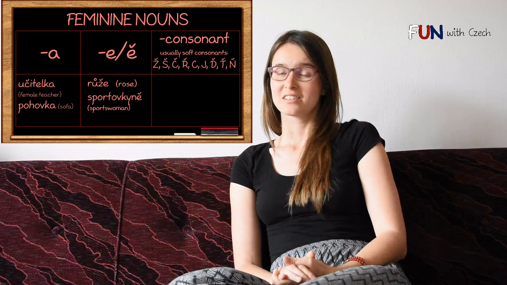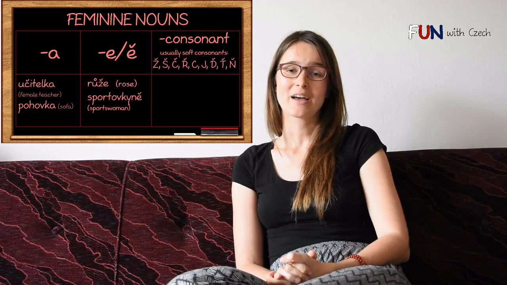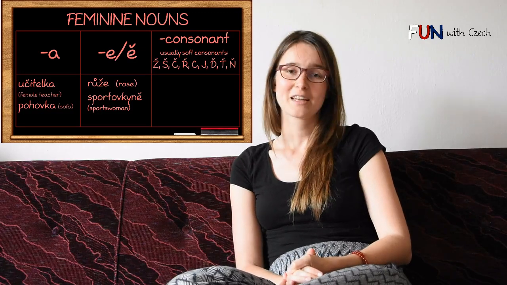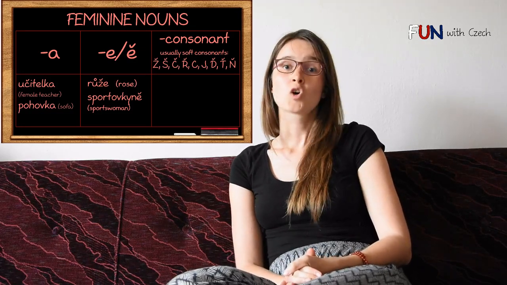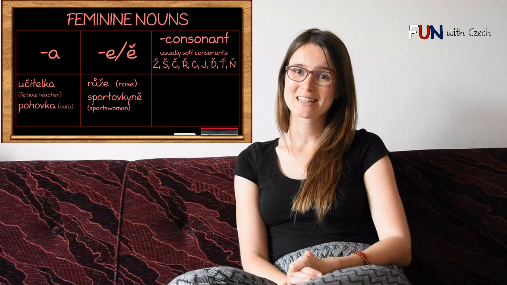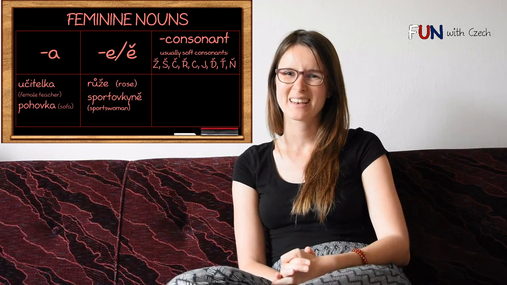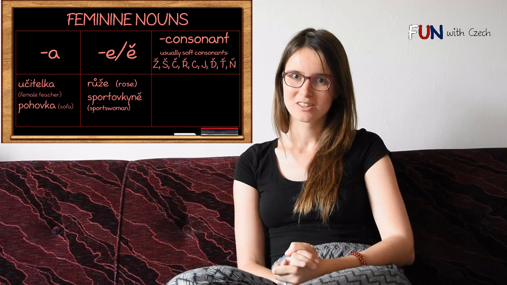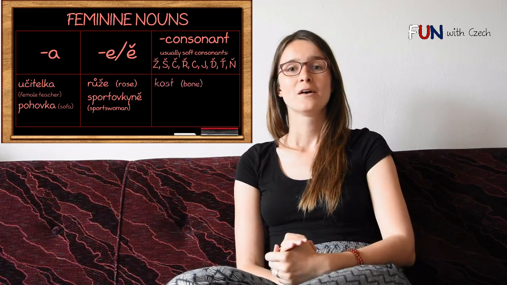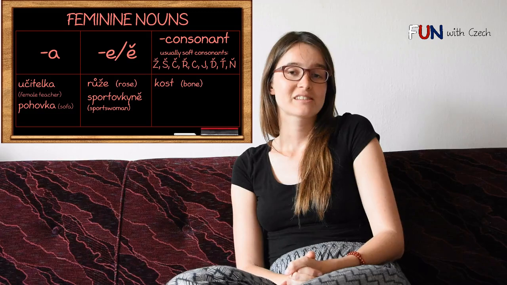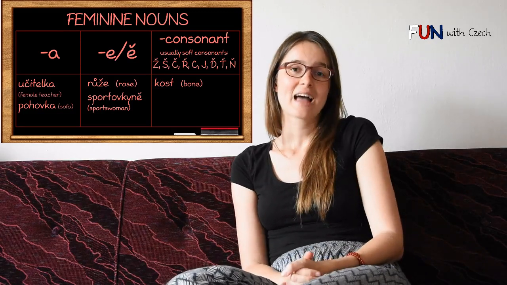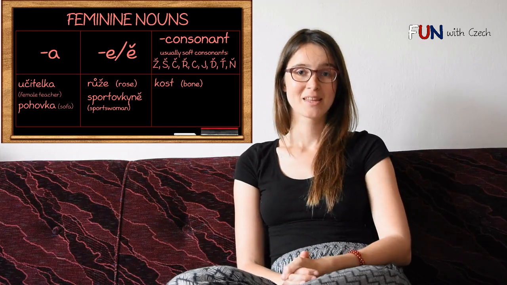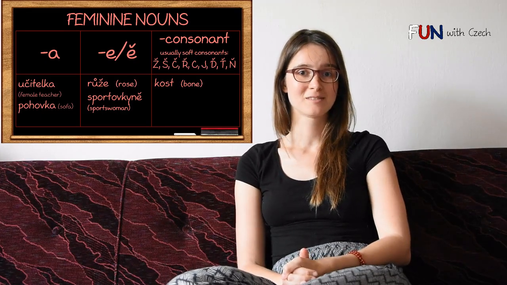But for example, t is also quite a typical feminine ending in words, like in kost. Kost is a bone and it's feminine, and there are lots of words ending in ost, which are all feminine, like starostlivost, pečlivost.